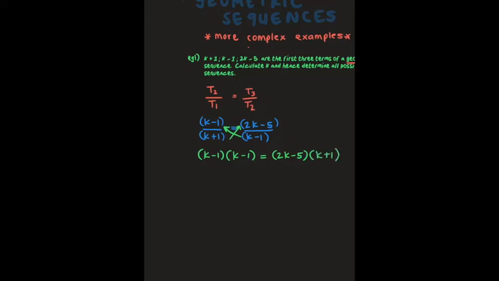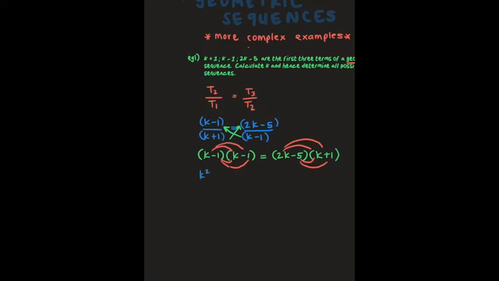Maybe now you're realizing why I introduced the brackets, because we are going to have to multiply a binomial times a binomial. Think of your FOIL: first, outer, inner, last. We're going to expand the two binomials, and then collect like terms. Let's see what this simplifies to.